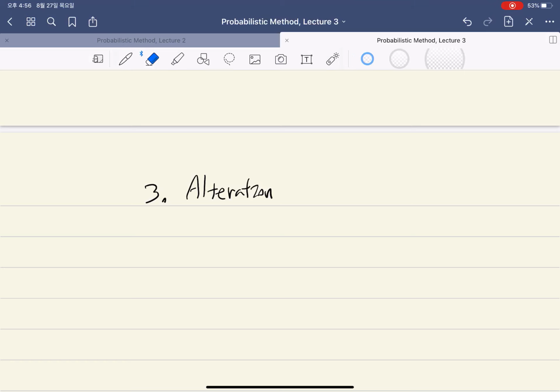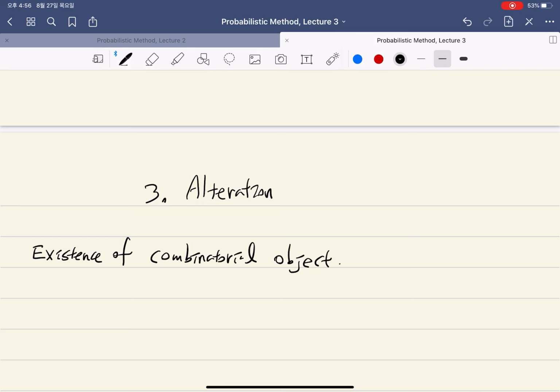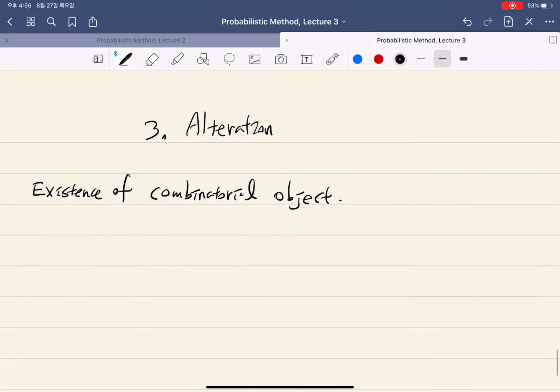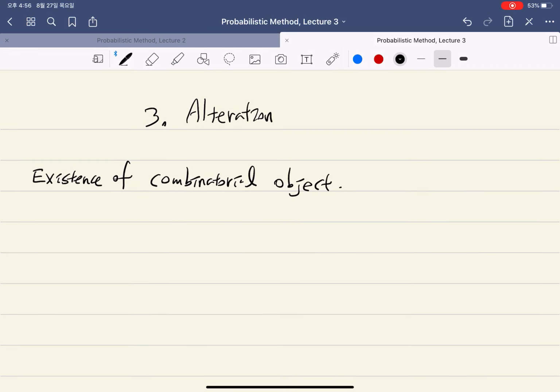So far, in lots of cases, what we have done is we want to show that there is some combinatorial object with a certain property. So we want to show the existence of some combinatorial object with a good property.